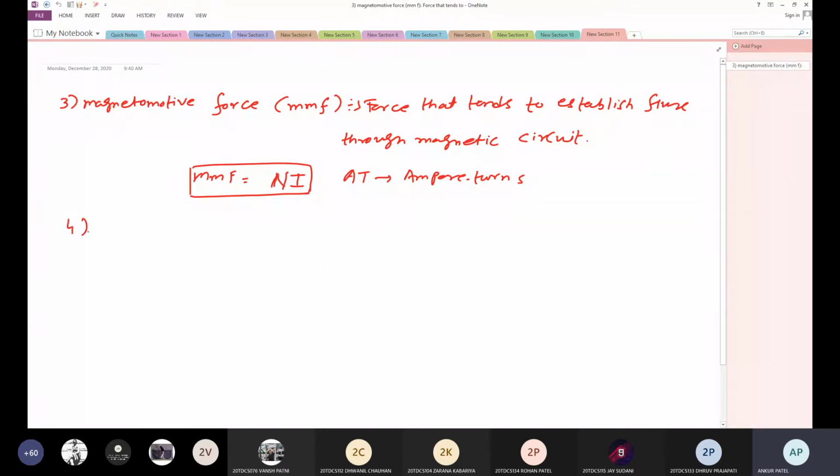Fourth is magnetic field intensity, or magnetic field strength. It is defined as magnetomotive force per unit length of magnetic flux path.